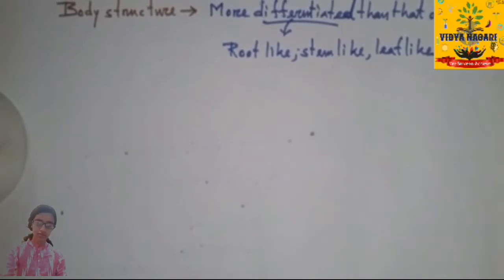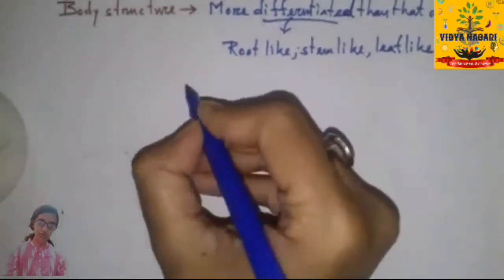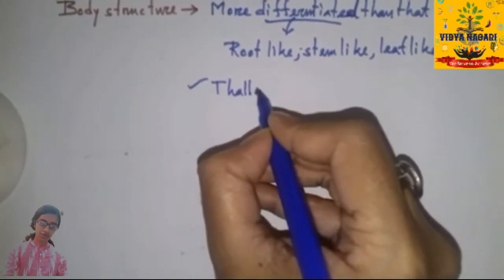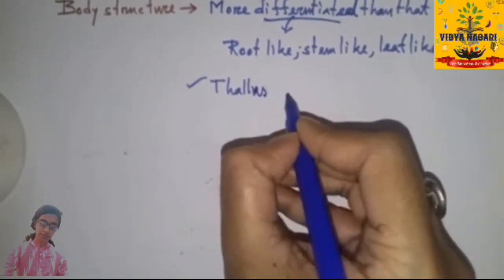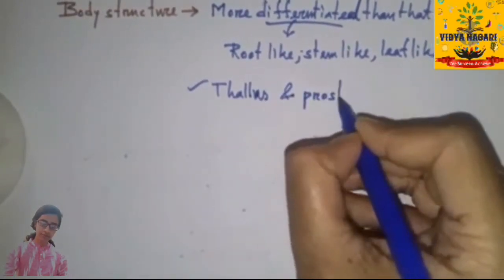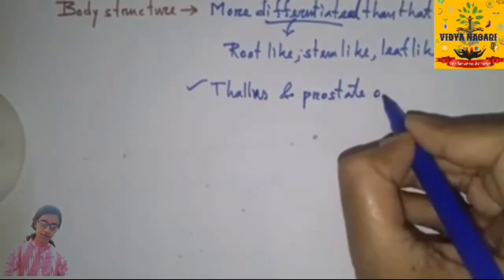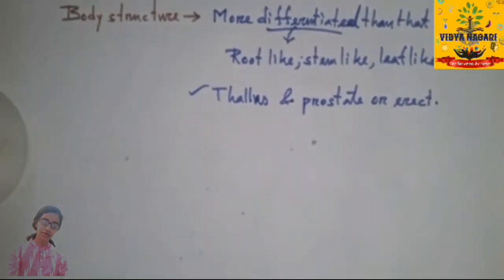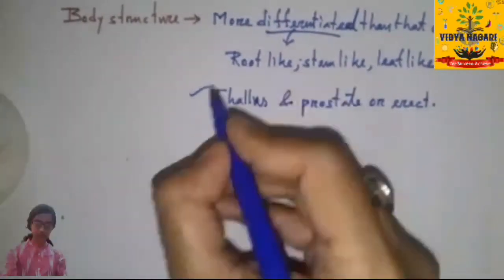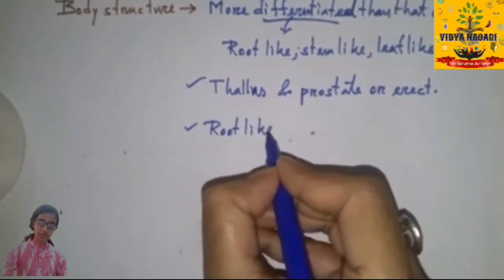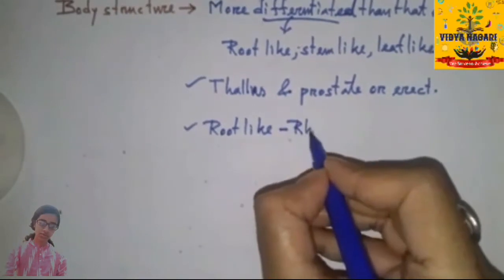Again, their body is thallus, meaning amorphous, and prostrate or erect. Now this root-like structure is known as rhizoid.